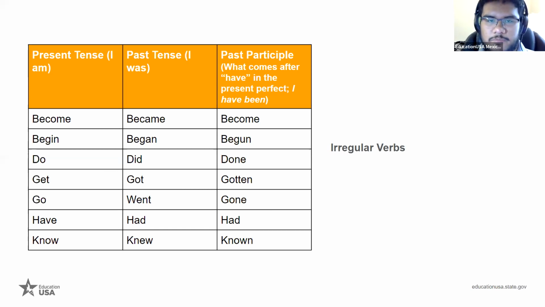The past participle is what you use with "have" in any of the perfect tenses. I don't really use this perfect tense construction very often in my typical speech, but it is more frequently used in written language, which is what the SAT is focusing on primarily. So it's important to know at least the basics of how this works.